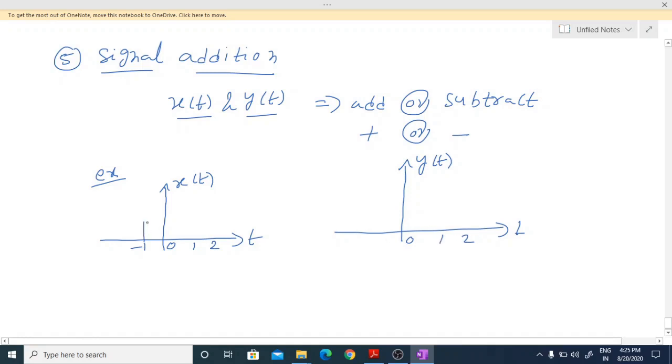So I just draw the example diagram: this is 1 and 2, and this is 1, and the amplitudes are 3. And if you want to add these two, then we must use the plus symbol. And how to add?